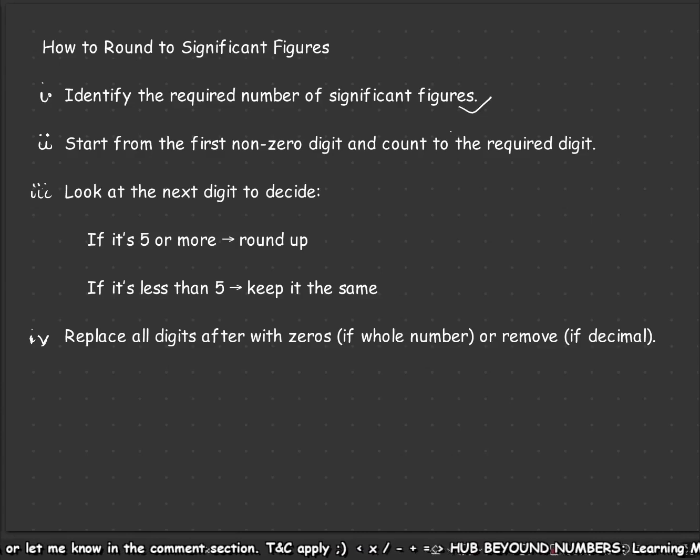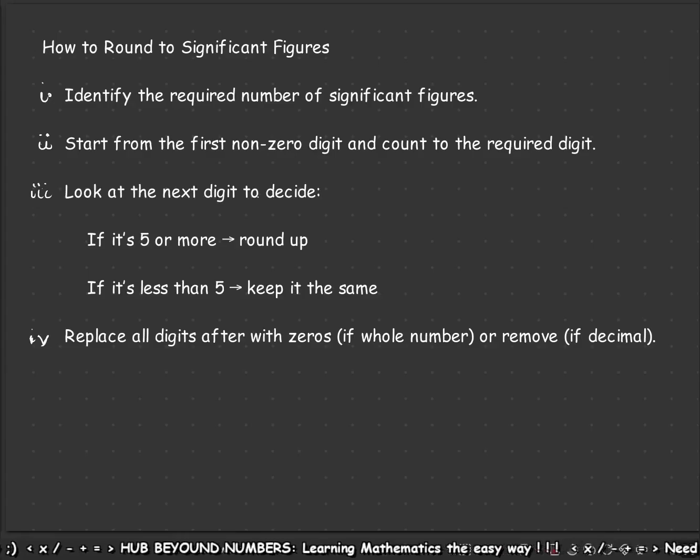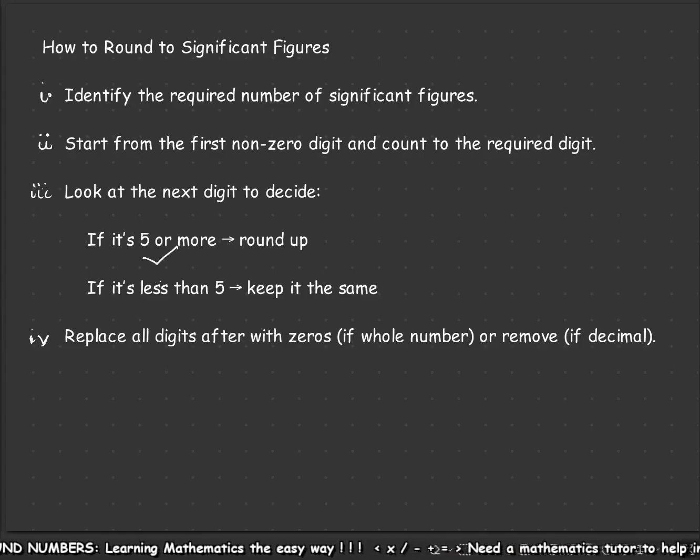Then you start from the first non-zero digit, and you count the number of significant figures you want. If you get to where you want, look at the next digit. If it is 5 or more, then we are going to round up. If it is less than 5, then we'll do what? We'll just keep it the same as it is.